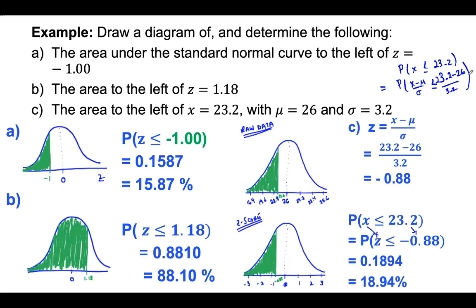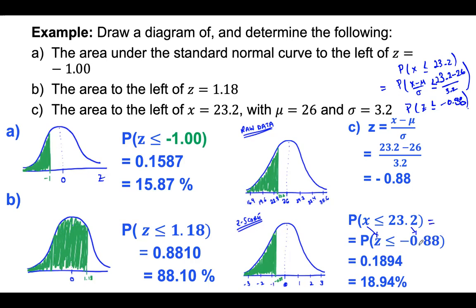Whatever we do to the left-hand side, we do to the right-hand side. This is all equal to our z, and this is equal to, as we just calculated, -0.88, which is how we make this transformation.